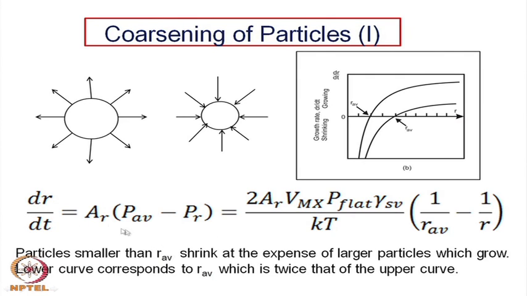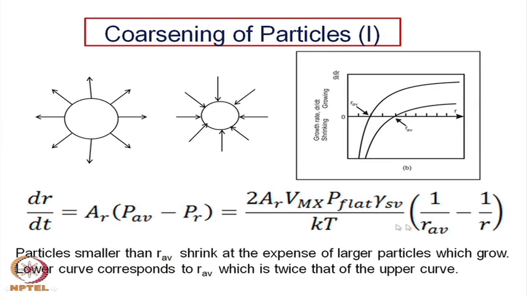this kind of an expression, A_R (P_average minus P_r). P is the partial pressure or vapor pressure, the vapor pressure of the actual particle with a radius of r, and this is a kind of average particle size, which can again be represented like this.